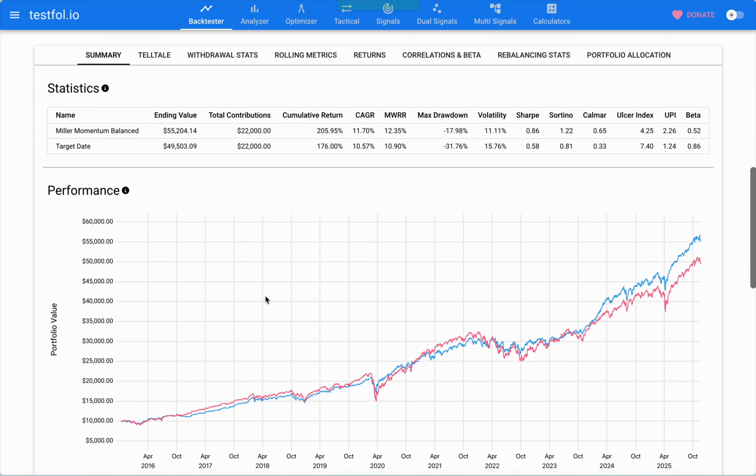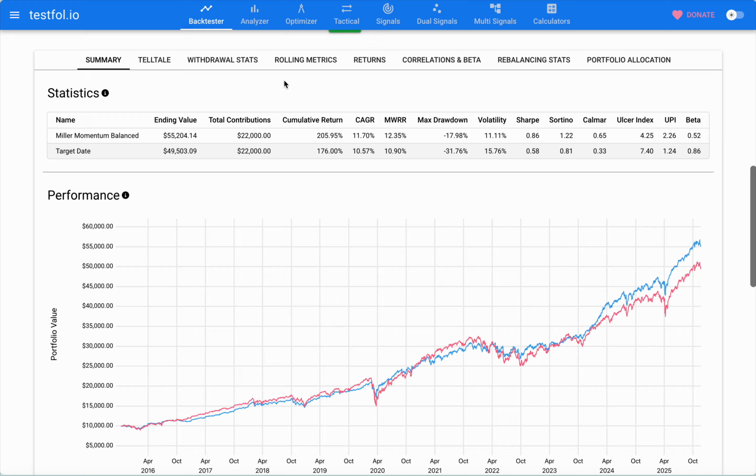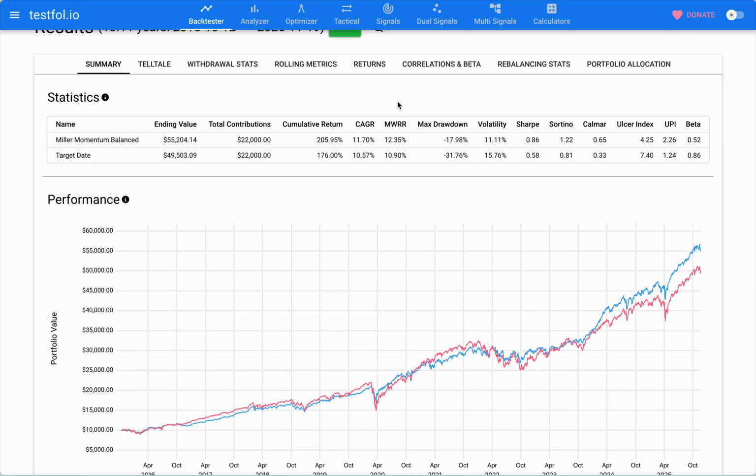So going back 10 years, you can see we're still getting about 1 to 2 percentage points per year ahead of a standard target date fund. And the max drawdown again is just two-thirds of what you would get from a target date fund. The volatility is much improved doing a trend following approach.